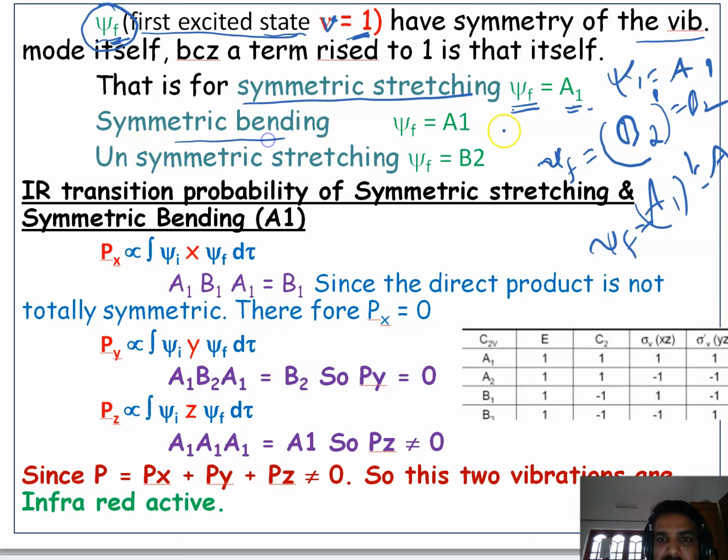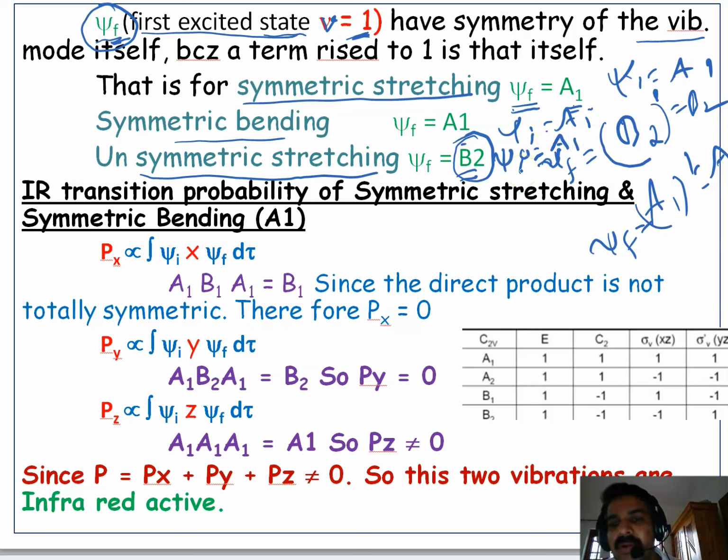For symmetric bending, psi f is A1 and psi I is also A1. And for asymmetric stretching, psi f is equal to B2, because its mode is B2, and B2 raised to 1 is B2, but psi I is A1, because psi I is always A1, whichever be the mode. Okay.